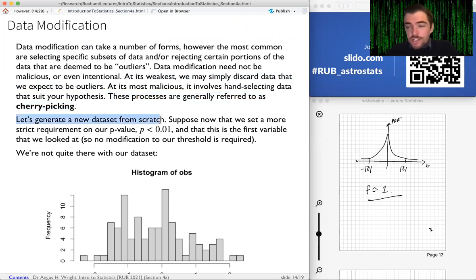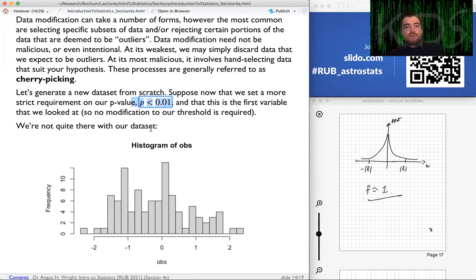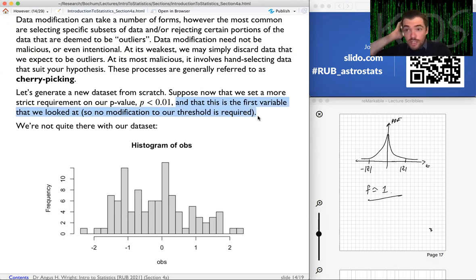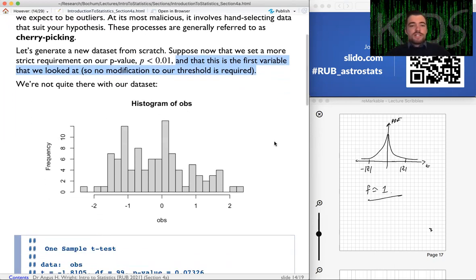We can demonstrate cherry-picking really easily. We can generate a data set, and say that we have a strict requirement, p-value of less than 0.01, and assume that this is the only variable that we're analyzing, so we don't have to worry about any multiple variable corrections. Our data looks like this.